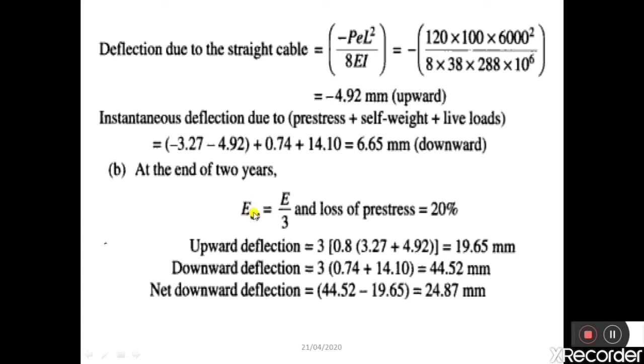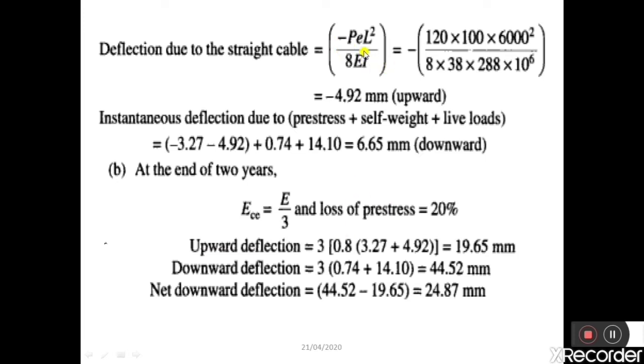Young's modulus after 2 years is equal to one third into E, that is E by 3, one third of the Young's modulus at the time of transfer, and the loss of prestress is 20%. So to calculate the deflection due to prestress, that is the upward deflection, I have considered it directly. Upward deflection means it is the deflection due to prestress of a cable.